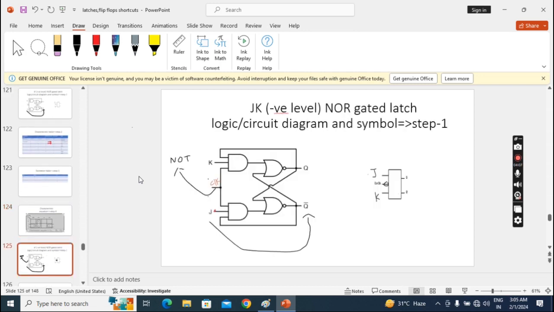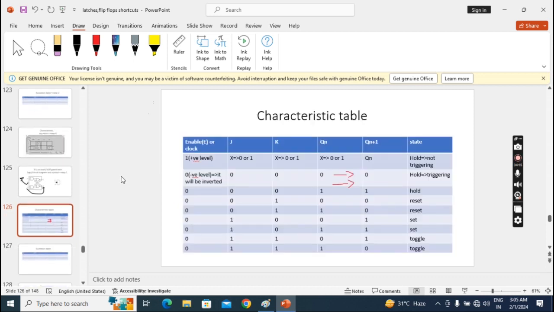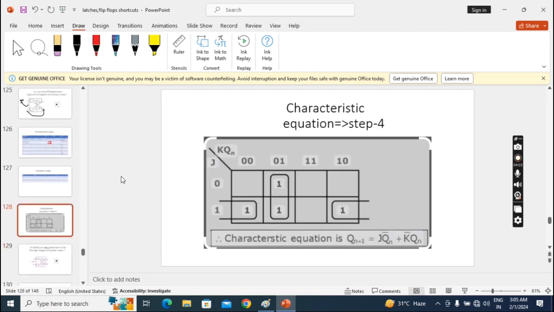With negative level, the same NOR latch part: here we keep a bubble and here an inverter. This is the same as negative level with NAND. To understand this topic you have to see the previous lectures from the start of flip-flops and latches, then only can you understand it properly.